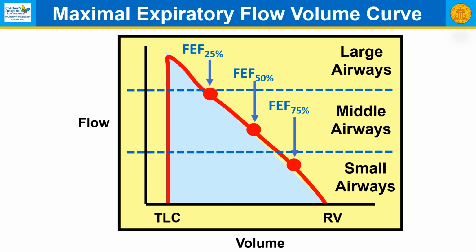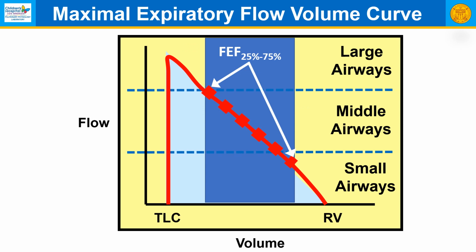They do have a lot of variation, and consequently, a lot of people don't use them, but that's what they refer to. So FEF 25 is after you've exhaled 25%, after you've exhaled 50%, after you've exhaled 75%. The FEF 25-75 is the flow between having exhaled 25% until exhaling 75% of the vital capacity, and it would be the mean slope in this area.